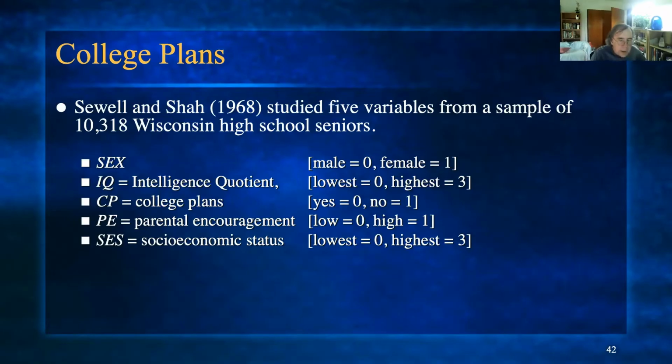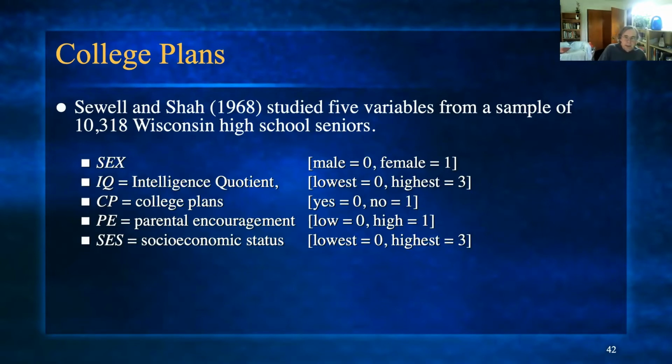So let me just introduce a data set I'll be talking more about in a minute. This is from 1968, where Sewell and Shaw studied 5 variables from a sample of 10,318 Wisconsin high school students. They measured sex, IQ, whether or not you plan to go to college, whether or not your parents encouraged you to go to college, and your socioeconomic status.